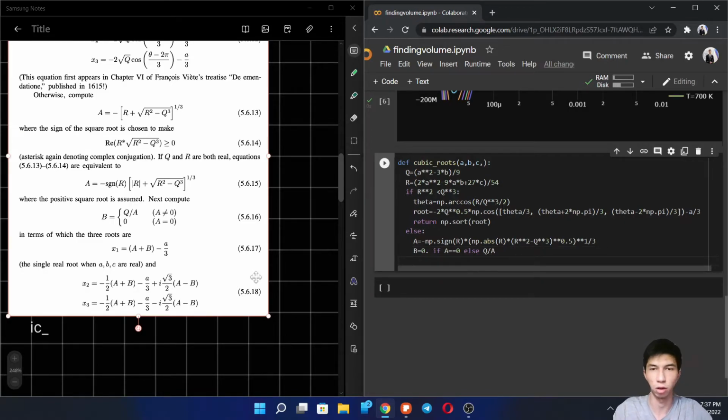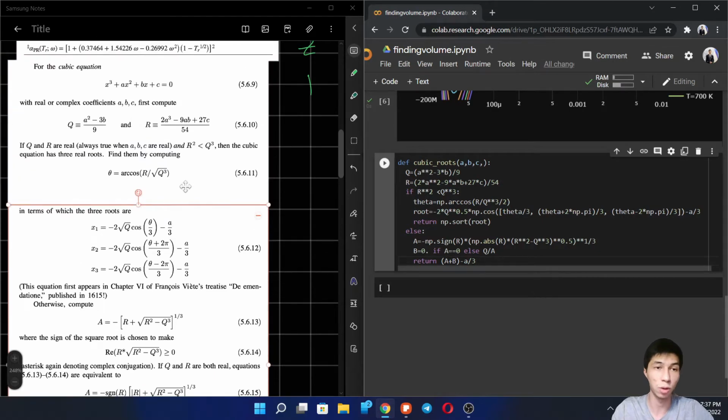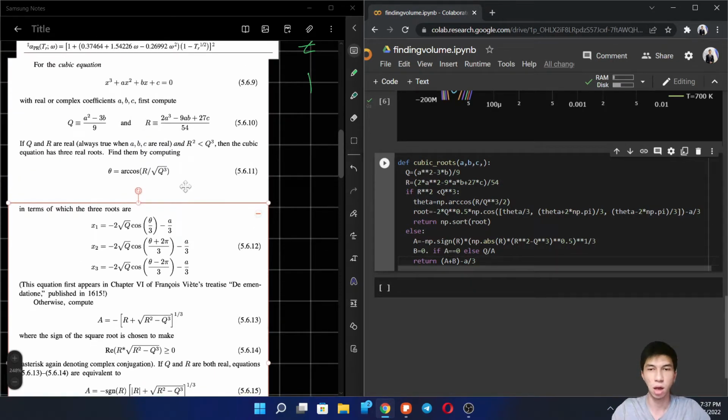So this is our value for b. And our function has to return, as there is only one solution, a plus b minus a over 3, right?